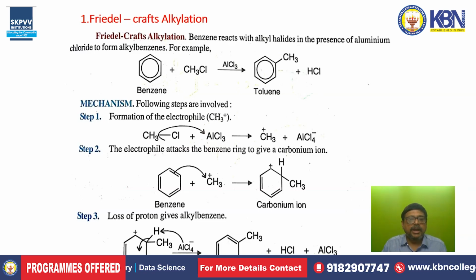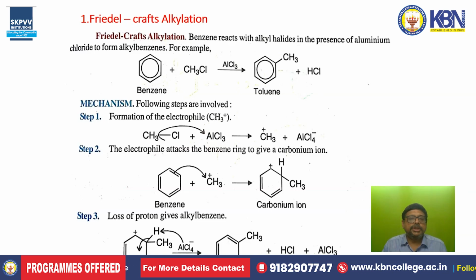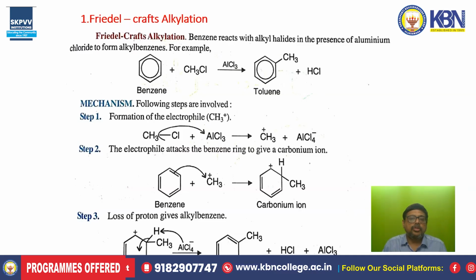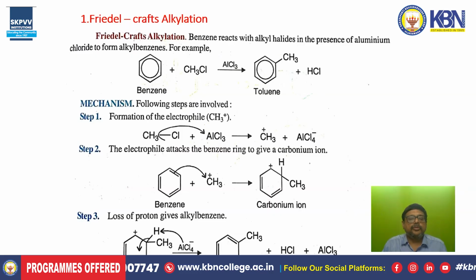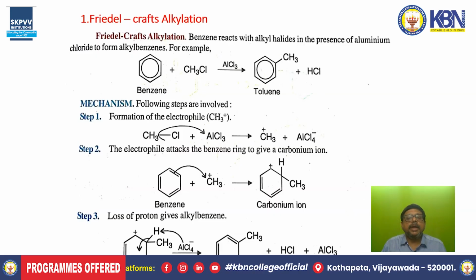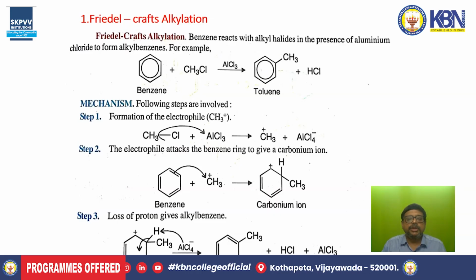So the mechanism follows 3 steps. Step 1, formation of electrophile. Electrophile here is CH3+. So in the first step, the reagent reacts with a catalyst and dissociates to give an electrophile and AlCl4-.